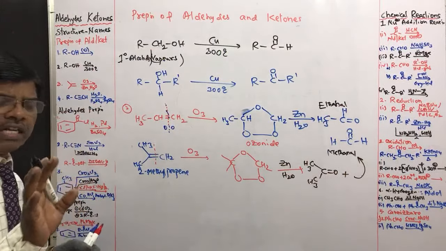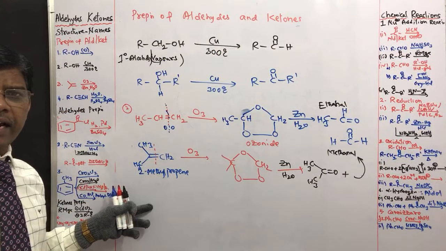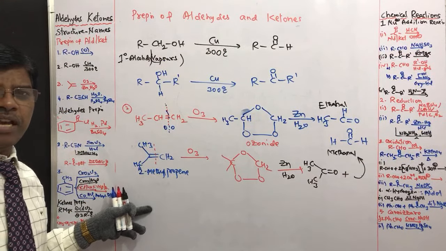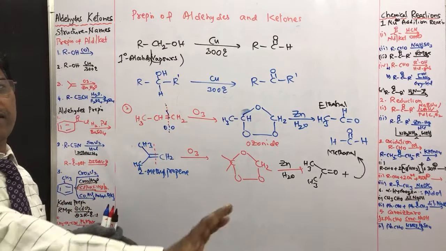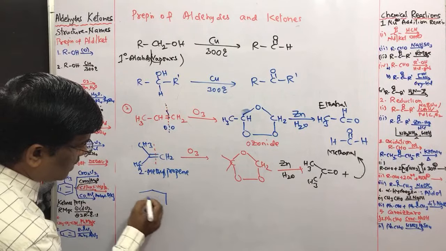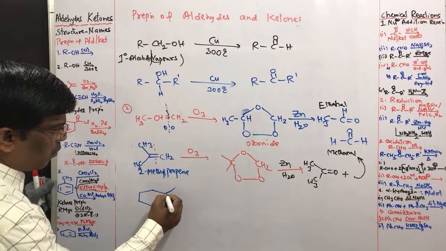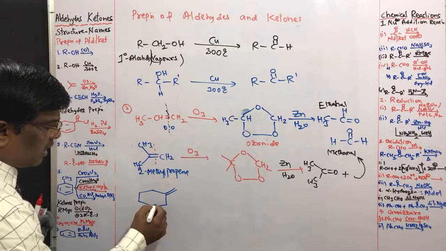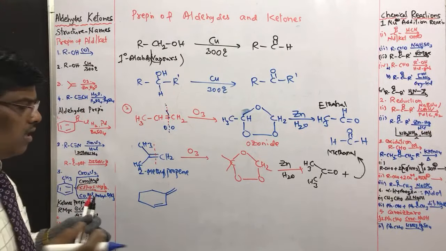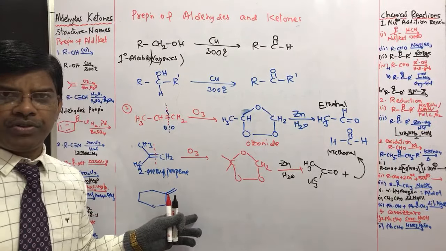Dear students, whatever the compound, it has been asked in all entrance exams, especially JEE Mains and NEET. Every time you are going to get one question. They will simply take this cyclohexene and put a double bond here or here, wherever they want, and they will ask for the compounds.